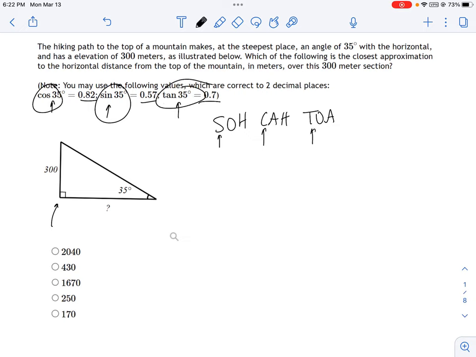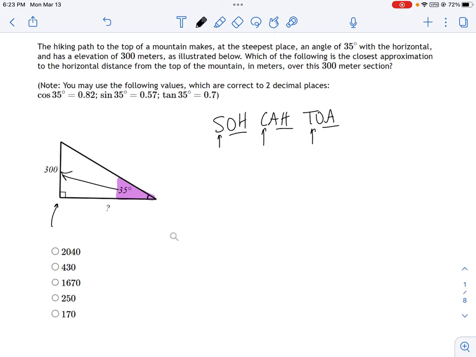How we know which one we're using is you look at your diagram, and all of these are from the angle that is given. So 35 degrees is our angle. The O stands for the opposite side of the triangle, and that is going to be our 300 here.